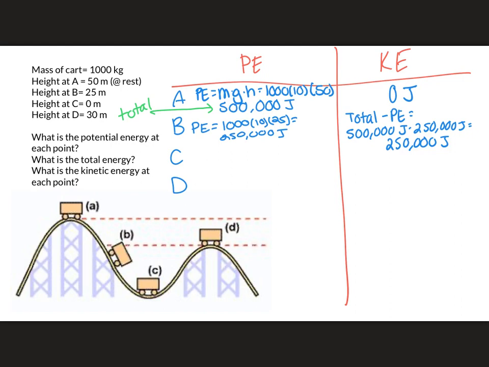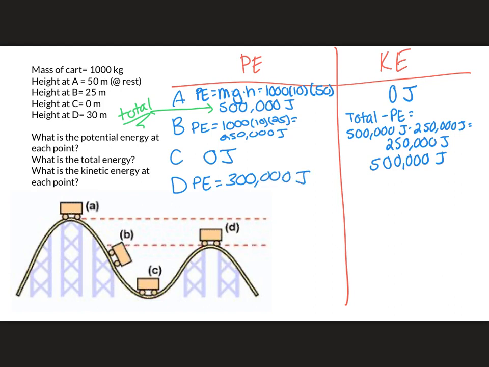For part C, we can see the height is 0. So this means I have 0 potential energy. And that means my kinetic energy has to equal 500,000. Why? Because that's, once again, my total amount of energy in the system. All right, at part D, I have a height of 30 meters, and if I multiply that out, I'm going to get 300,000 joules.